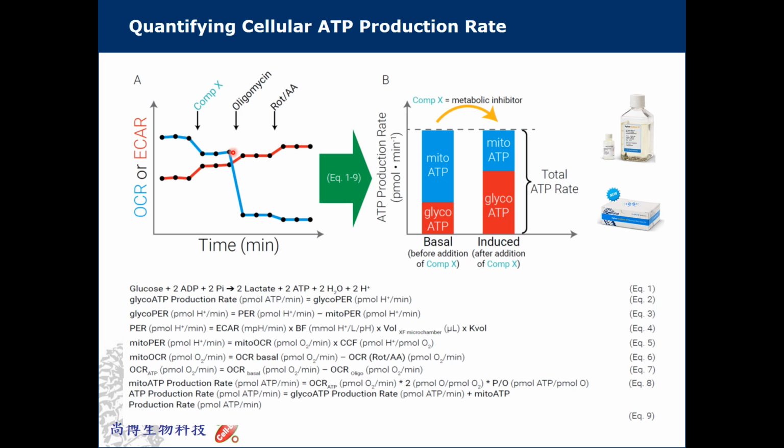By this way, you can know more than the traditional ATP assay kit. In this real-time ATP assay kit, you will know the total ATP, which is what the traditional ATP assay kit did. You can know the mito ATP and the glyco ATP, and the unit is an absolute value unit, picomole per minute.